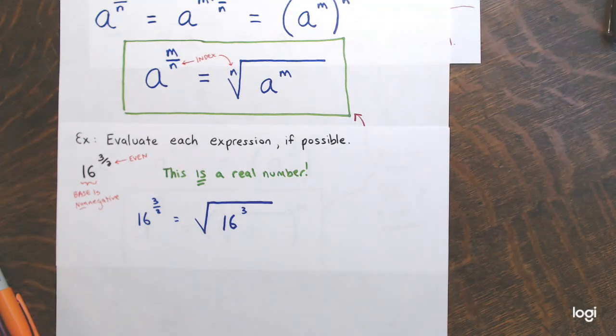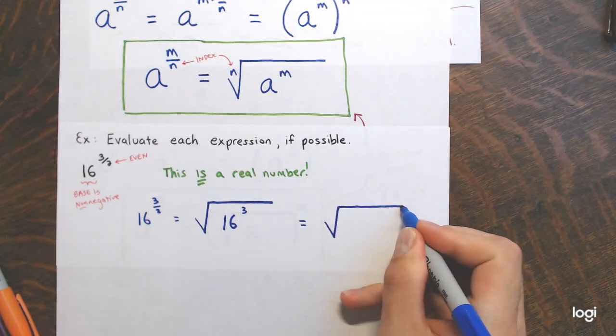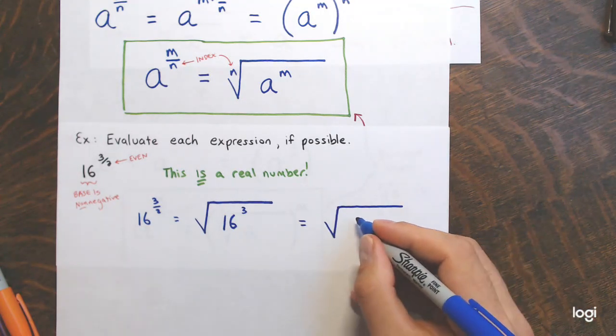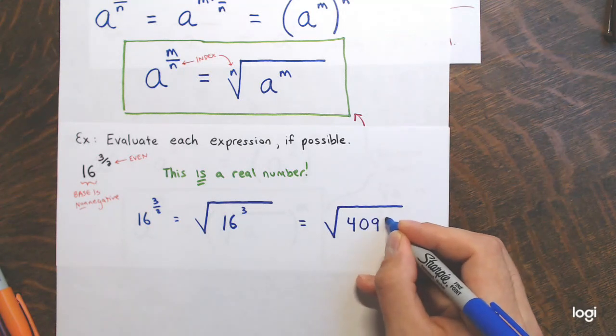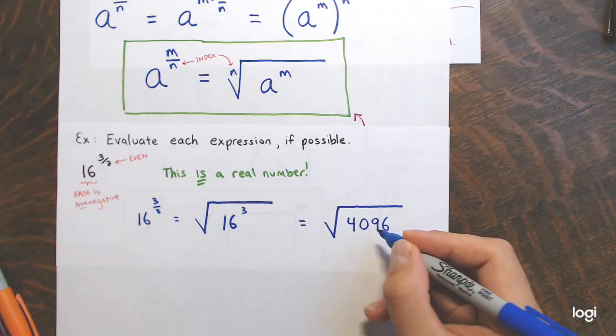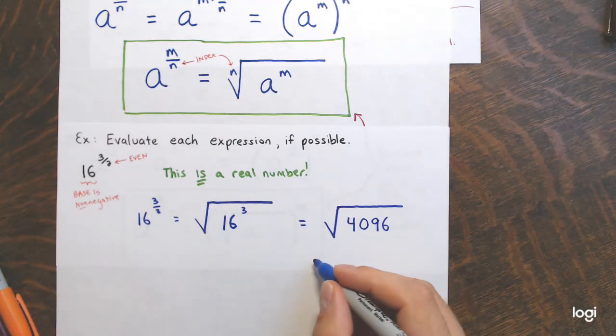And then I'll use a calculator here. We have the square root. What is 16 to the 3rd power? So this is the square root of, and then 16 to the 3rd power is 4,096. That's 16 times 16 times 16. And then the square root of this number, the square root of 4,096.